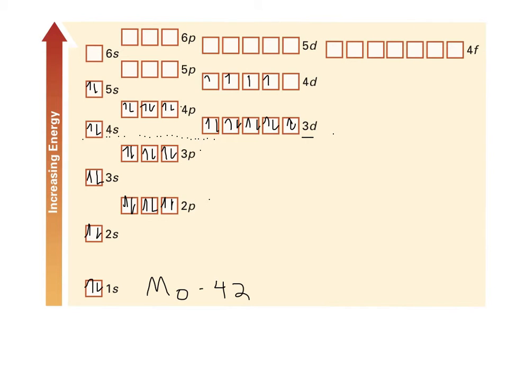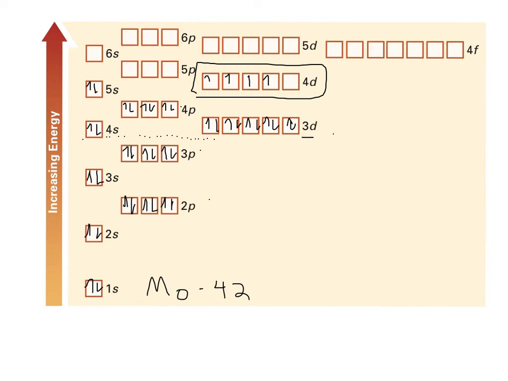Now, there's this weird thing that happens when you start to get to the d sublevel: it actually becomes more stable if this whole level, instead of being 4 out of 5 filled, has one electron in each one of the 5.